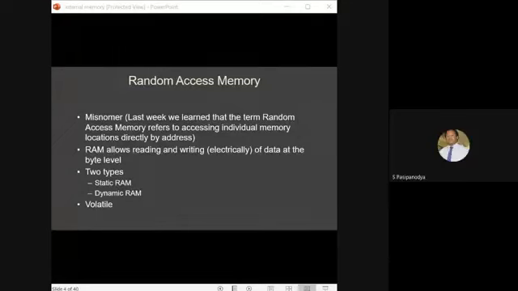And what does that mean? Yes, sir. Volatile means that when the computer is switched off, the information is erased, and non-volatile means that it's not erased when the computer is switched off.